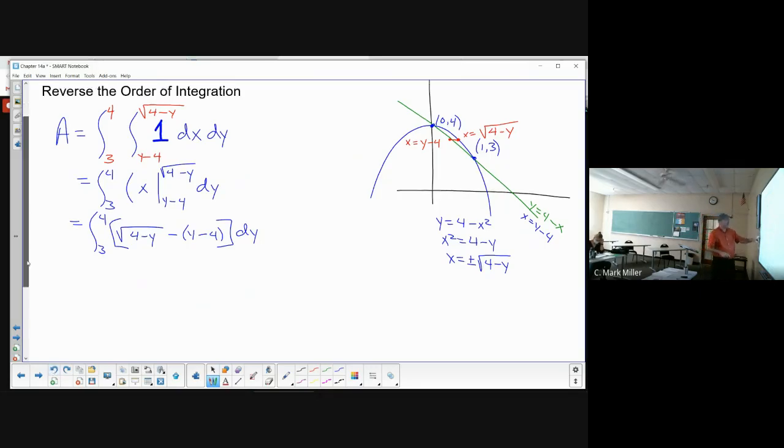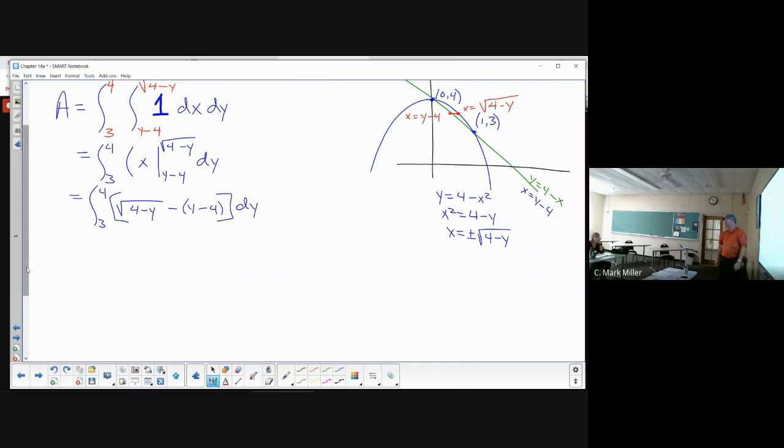Question. What's the antiderivative of 4 minus y? Oh no. If it was y minus 4, it'd be easy. If it was y minus 4, what would it be? y to the 3 halves divided by 3 halves.